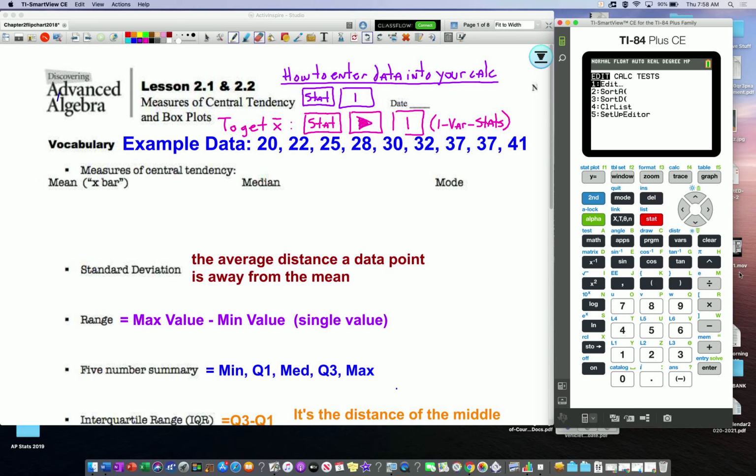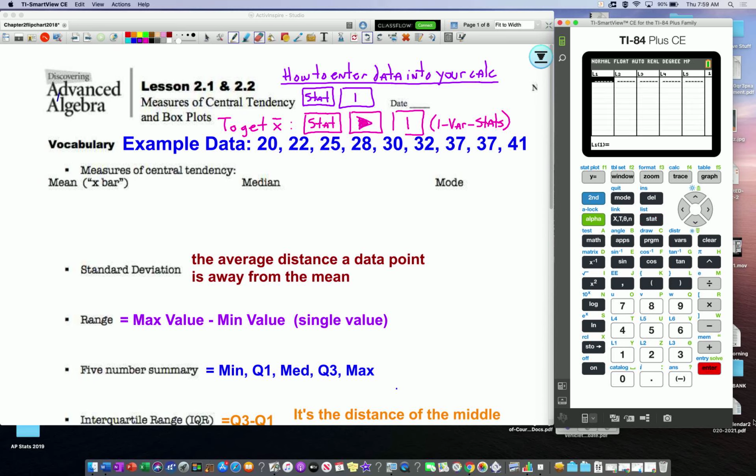Well, if you hit your stat key and number 5, set up editor, and hit enter, then if I go back to stat and number 1, it puts all those lists back in order. So if you ever get into trouble, stat, number 5. That's a way you can set up the editor and get your lists in order so that you can use list 1, list 2, list 3, and so forth.